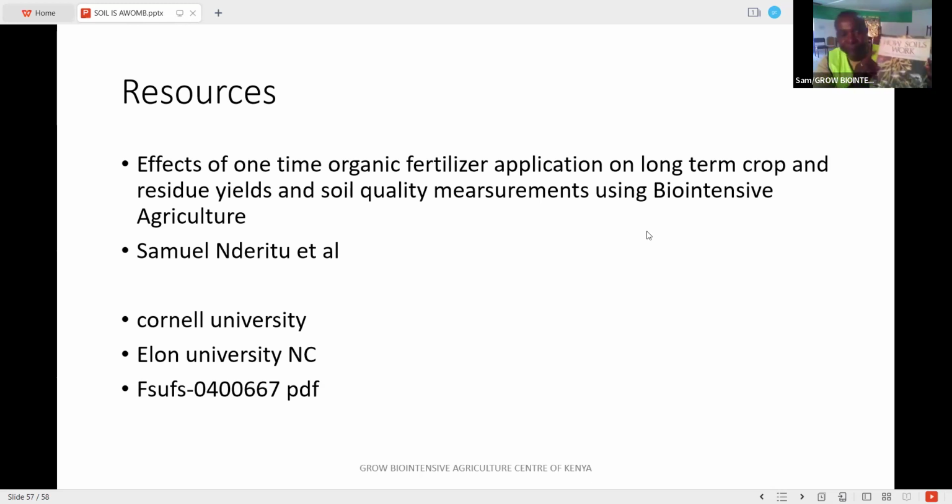How Soils Work contains a lot of information about what I've talked about and all the elements that you require in the soils and how the soils work, step by step. This is another resource. It's called Regenerative Agriculture. Regenerative Agriculture is another very wonderful book that you can read. It has a lot of information on how you can regenerate your agricultural system.